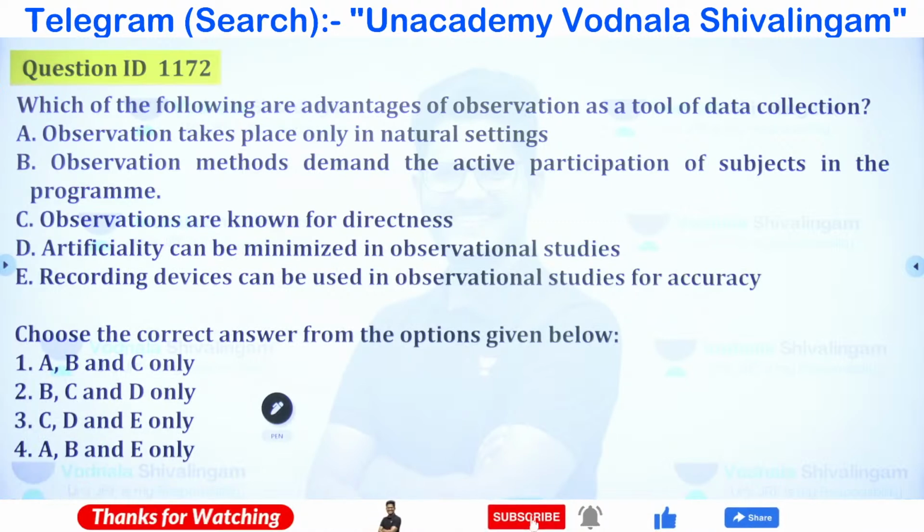Which of the following are the advantages of observation as a tool of data collection?